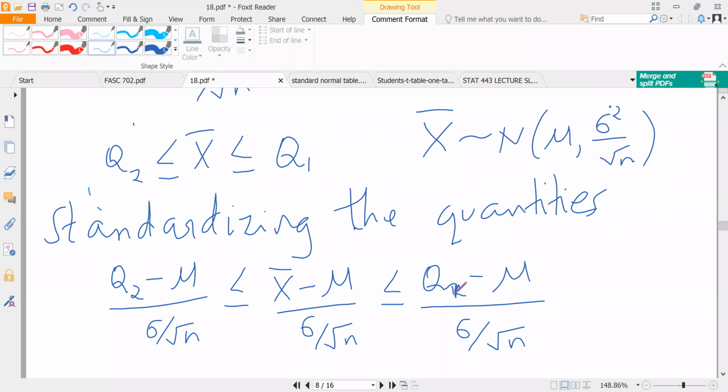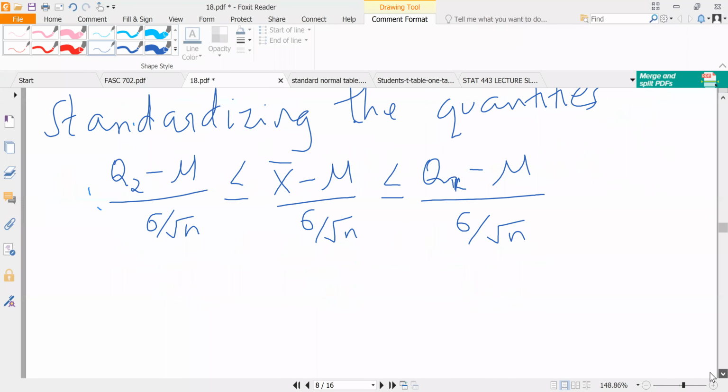So we are going to use the sample quantities to estimate the interval within which we expect the population mean to lie. That means we have to do all mathematical operations to have an interval for the quantity mu.